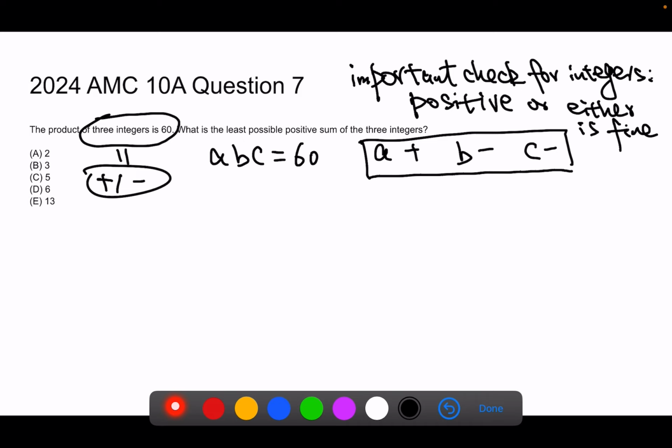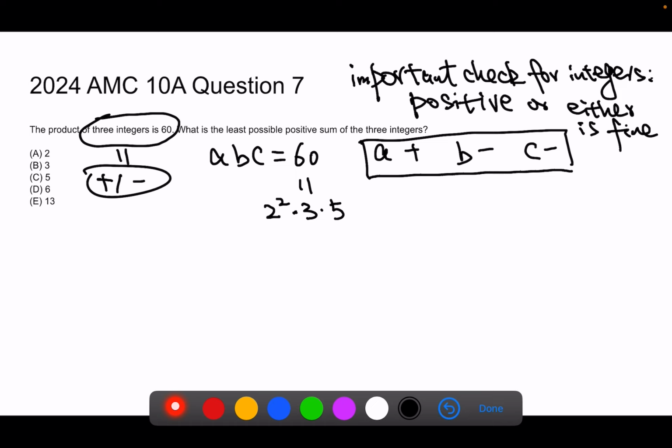All right, now let's see how to make it work. Generally, you try to factorize 60. You'll find 60 is equal to 2 squared times 3 times 5. So we can start with some trial and error.